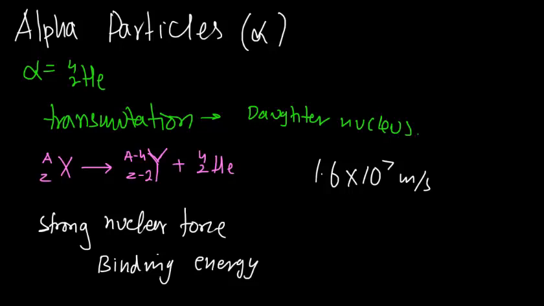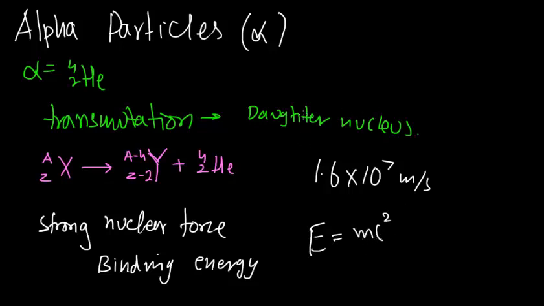When we compare the mass of a parent nucleus with the sum of the masses of the daughter nucleus and an alpha particle, we find that the products of the nuclear decay are not quite equal to each other. The missing mass is converted into kinetic energy that is given by Einstein's famous equation of E equals mc squared.